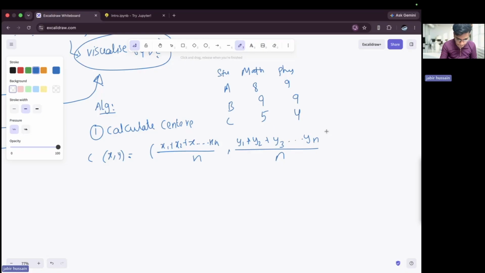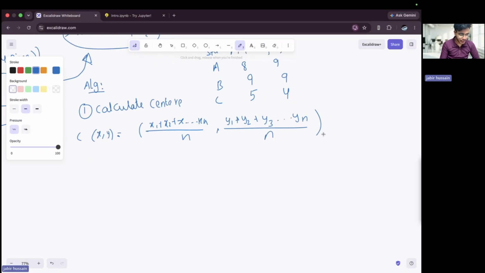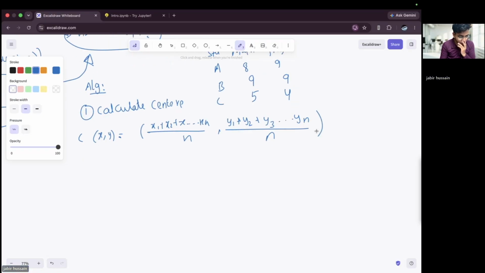The point to notice here is that we don't actually have to imagine a 64 dimensional space. From the formula we can easily calculate the center. For example, if there are 64 dimensions, x comma y comma z comma alpha and so on up to 64.